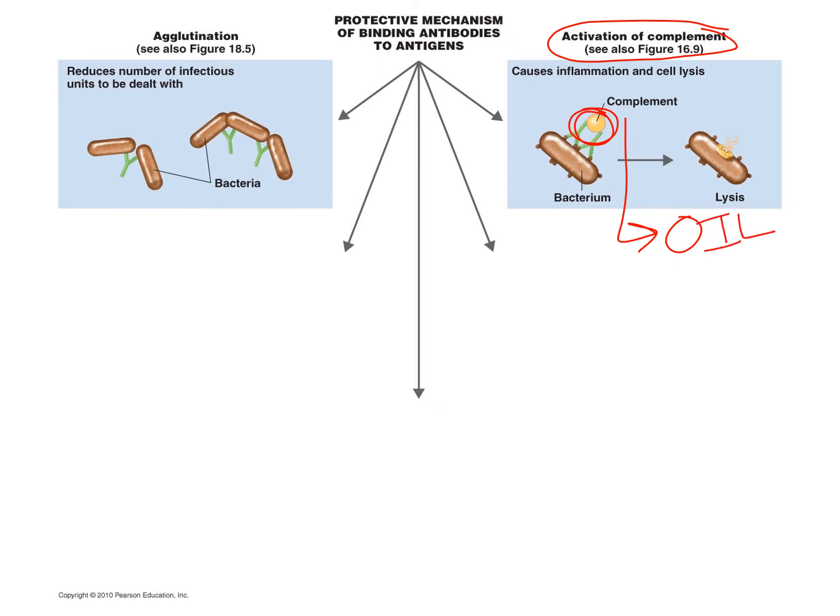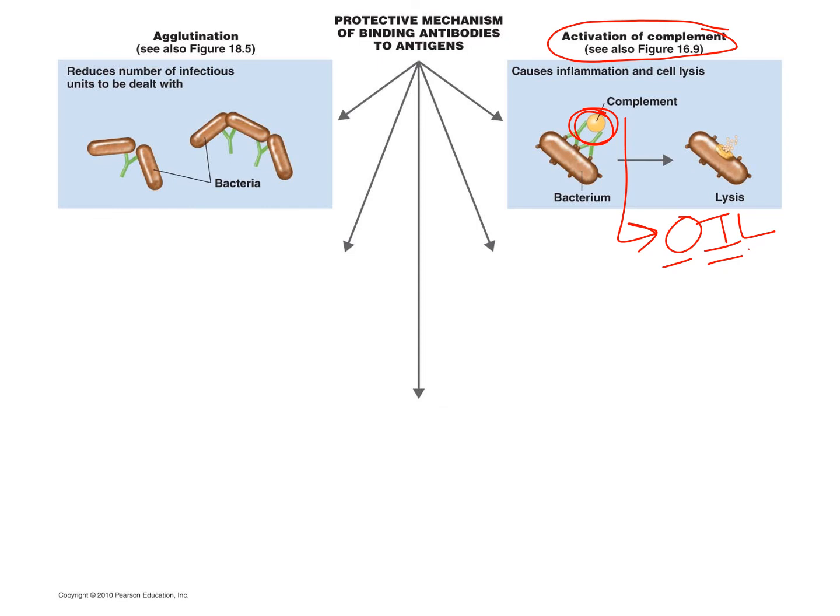Remember, when complement is activated, you will produce opsonization. Opsonization is when the microbe is covered with the complement protein, and that leads to phagocytosis. Another result is inflammation. Some of the complement proteins will trigger histamine release, which will trigger inflammation.